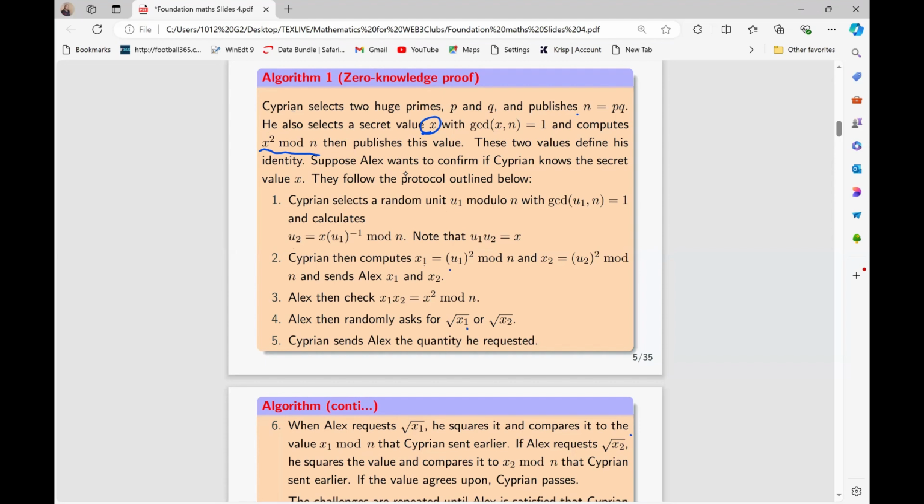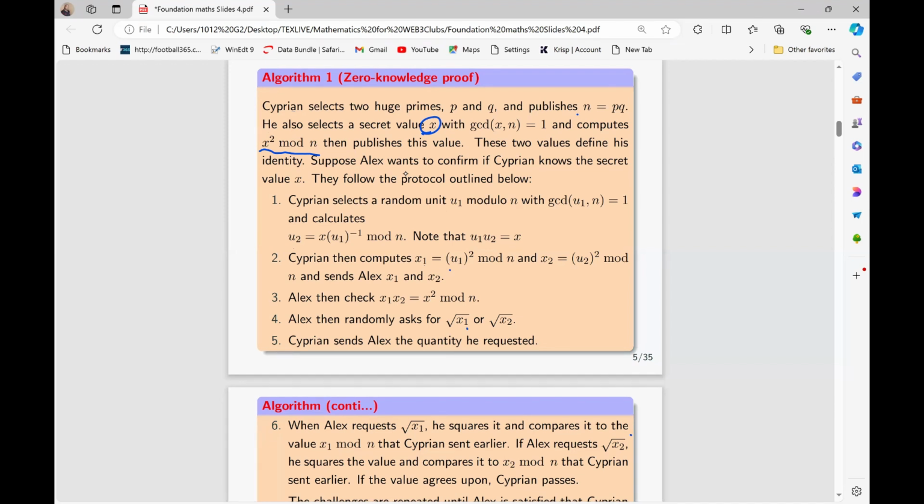Now, Alex wants to know whether Cyprian really knows this x. And they agree that Cyprian is going to prove that he knows x. So Cyprian begins to prove.